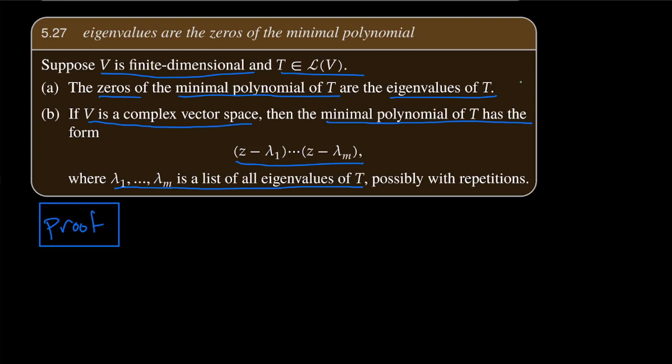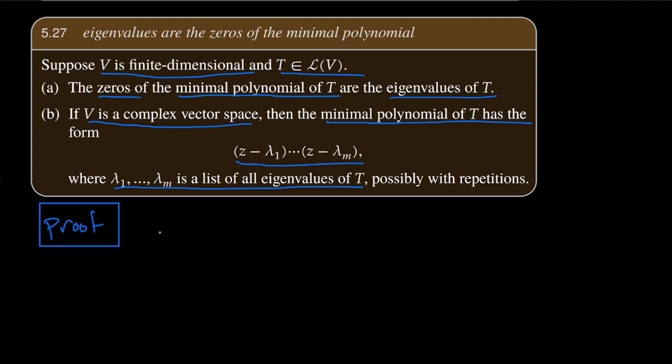We can certainly not have more zeros than the degree of the polynomial. And if the zeros are eigenvalues, and the largest number of eigenvalues we can have is the dimension of the space, a fact we proved at the end of last class, then the largest number of zeros we can have is the dimension of V, meaning that the largest the degree can be is the dimension of V. Okay, so let's roll through it.